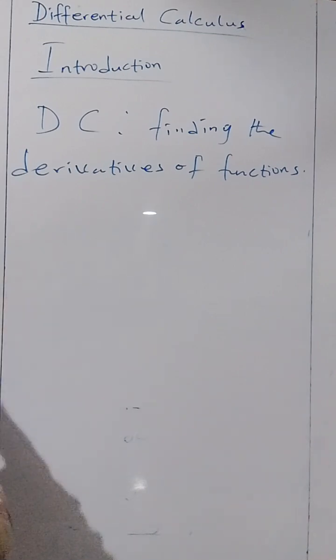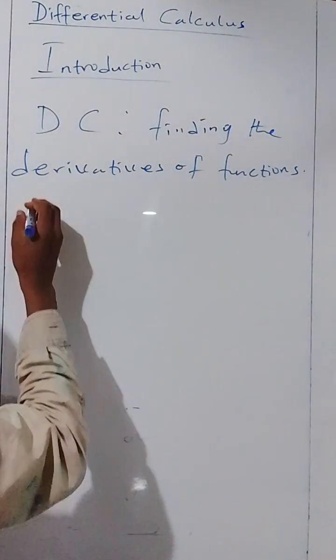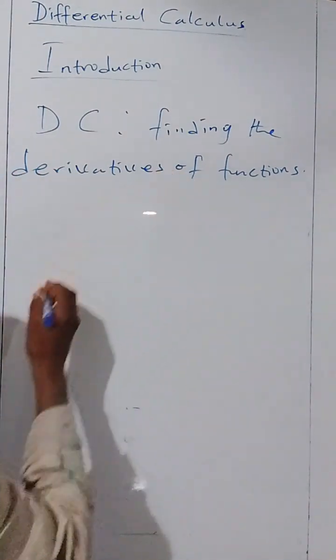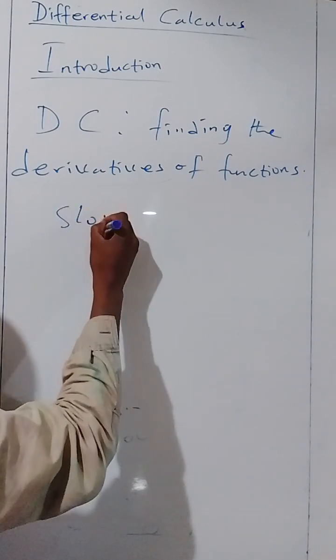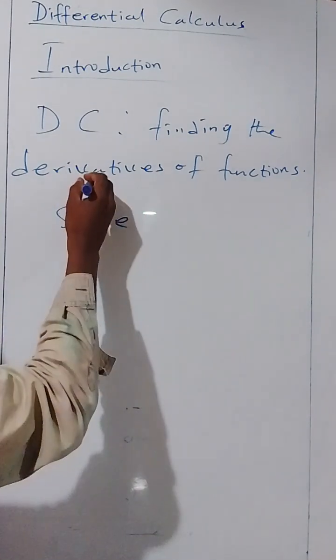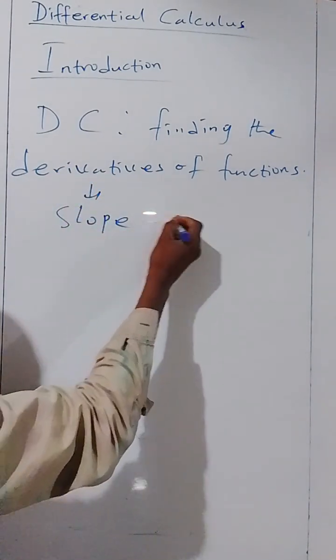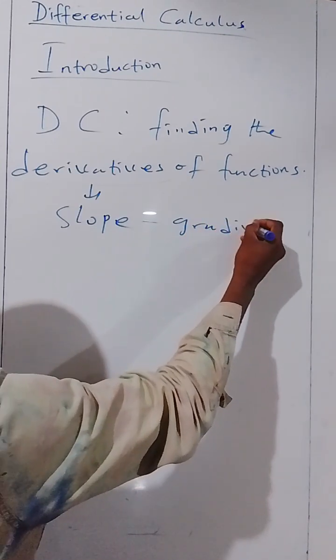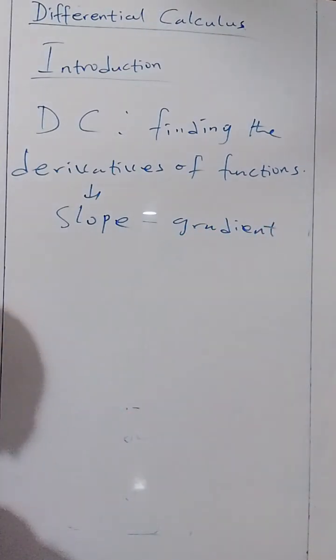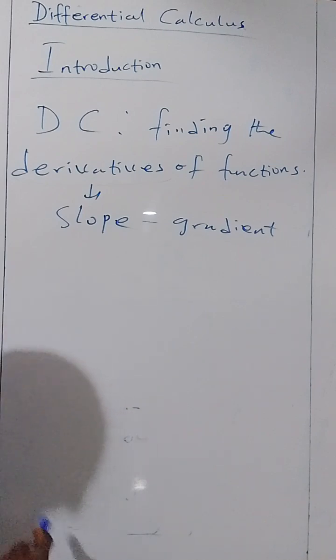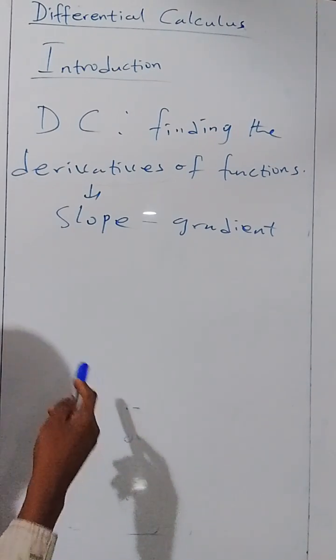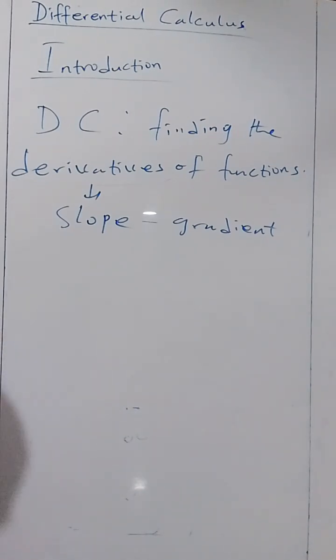Another language for derivatives is simply slope. We also call it gradient. So when you are asked to find the slope of a function, or the gradient of a function, you are asked to find the derivative of that function.